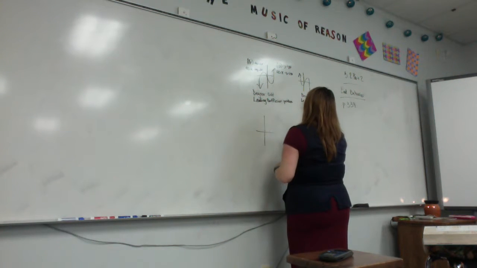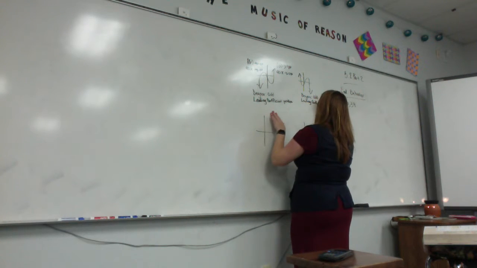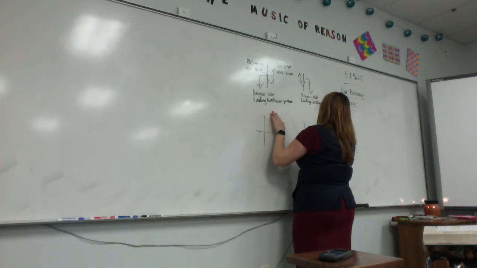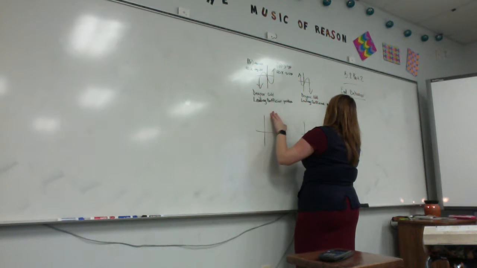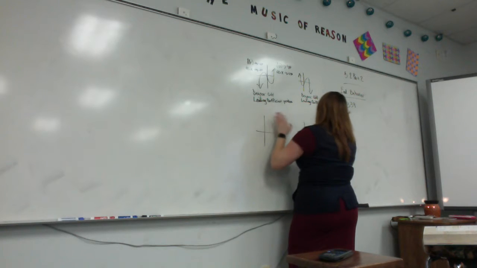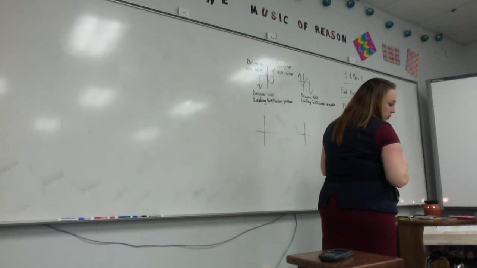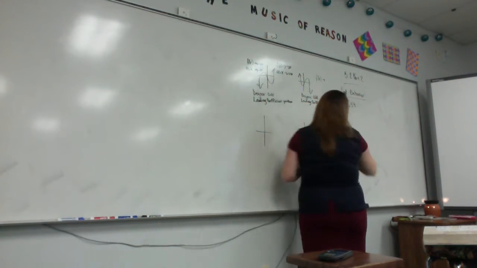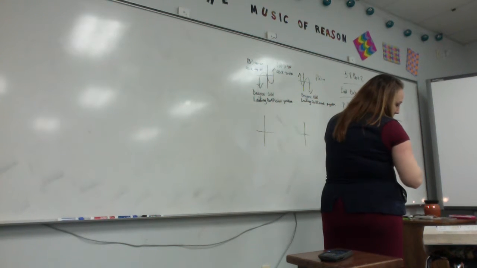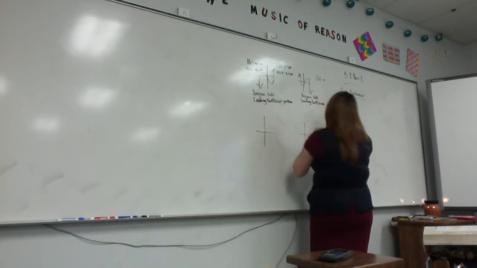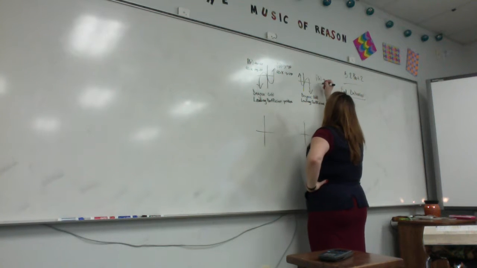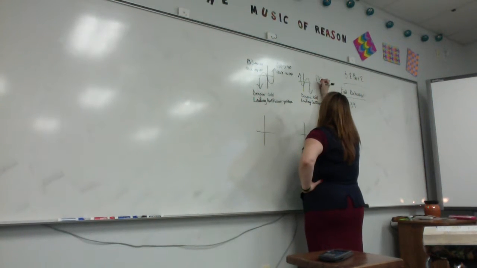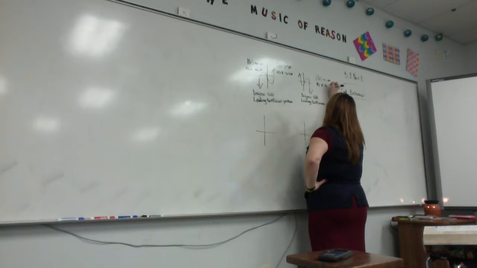And your leading coefficient is going to change, though. So now my leading coefficient is going to be negative when it's backwards, when it's flipped, which means this. As x approaches positive infinity, f of x approaches negative infinity.